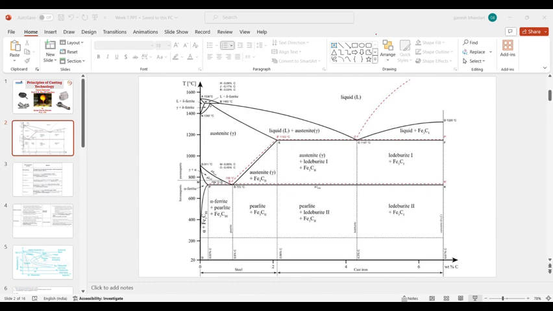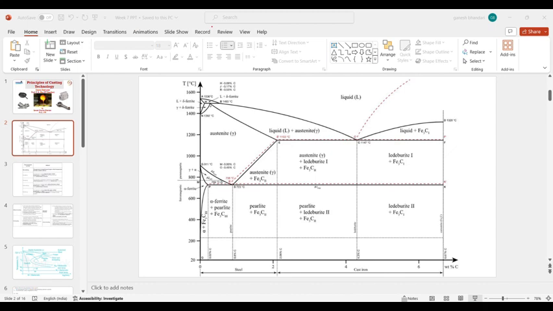And ductility will decrease, because as more and more carbon is added into the system, the material will tend to form iron carbide. And if the iron carbide content is more in your material, then your ductility is going to go down, because that iron carbide will influence the ductile properties of the system.